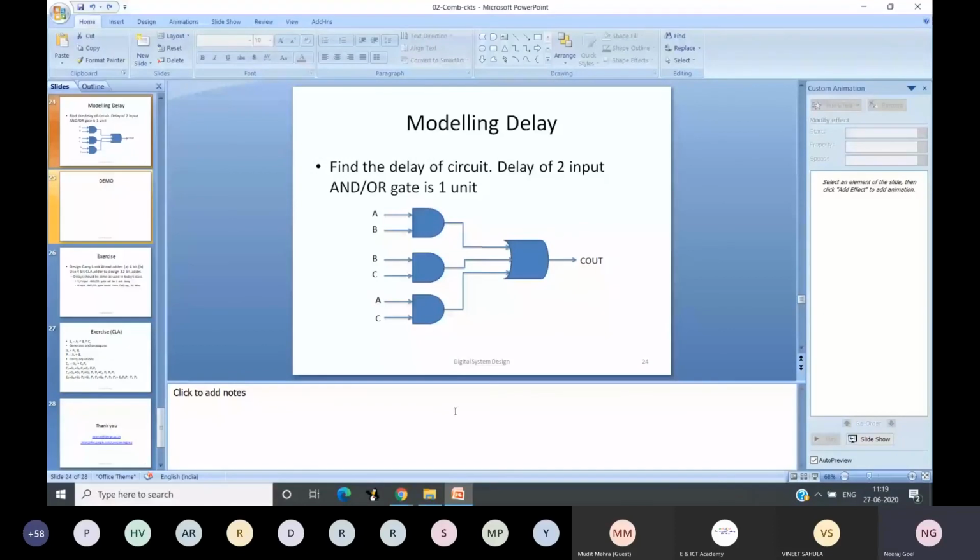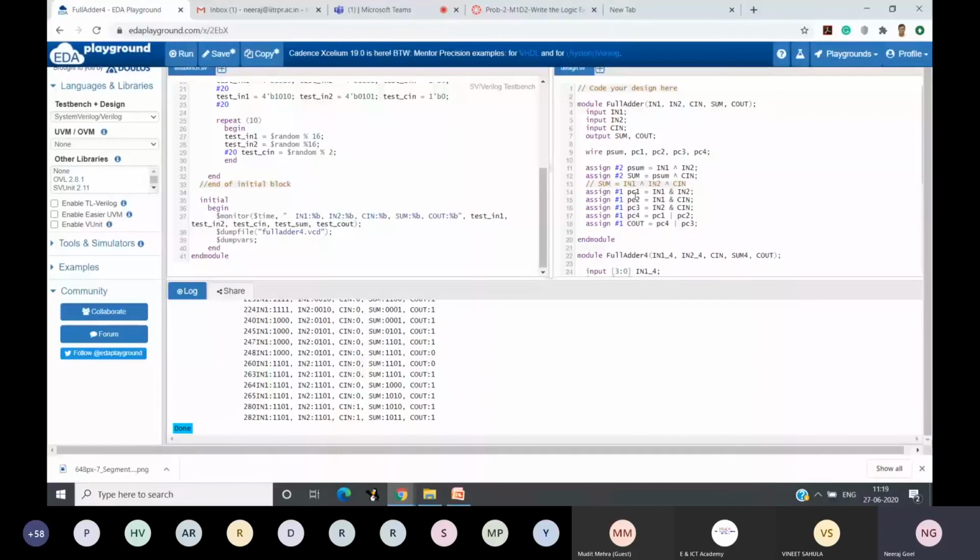You can see here that first I have ANDed IN1 and IN2. This is the first AND gate, this is the second AND gate, this is the third AND gate, and then the outputs of PC1 and PC2 are ORed here, and whatever is the output is ORed with PC3 to get the output. This way I am able to model my full adder module, which captures the functionality.